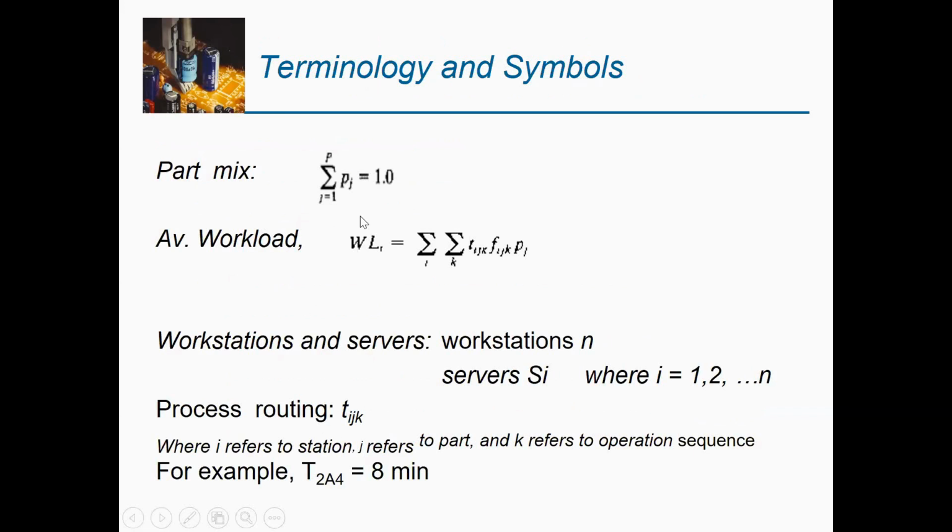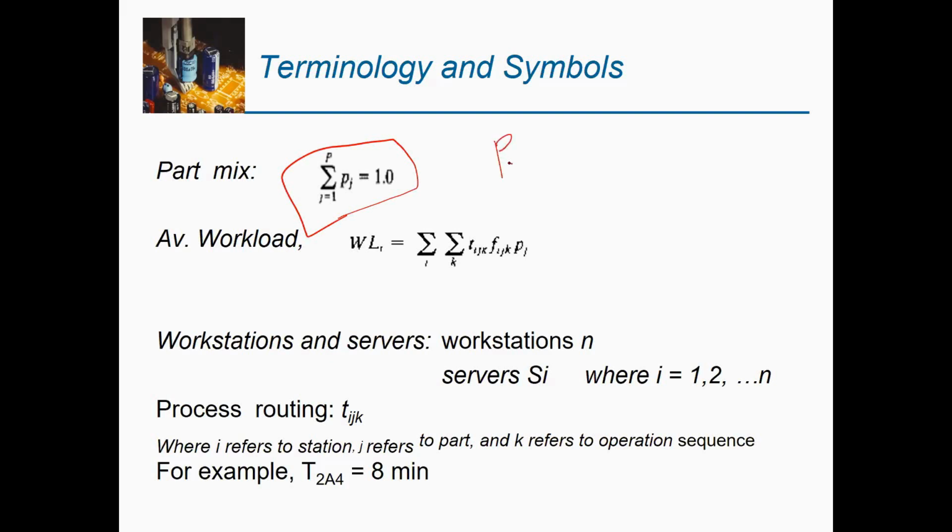If you remember, this is the Pj. Pj is the part mix, which is given, the sum of all the part varieties in Pj. It will be very helpful to use the digital pen for this mathematical analysis. This is sum of Pj equal to 1.